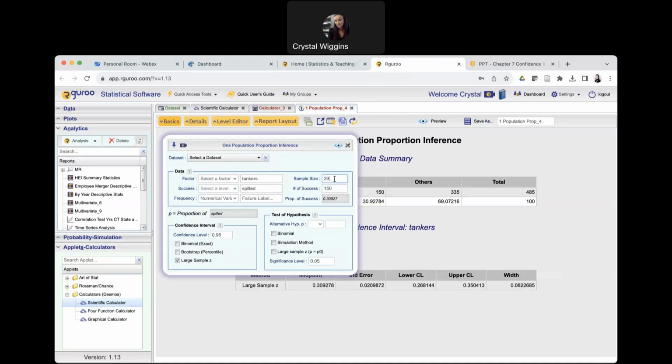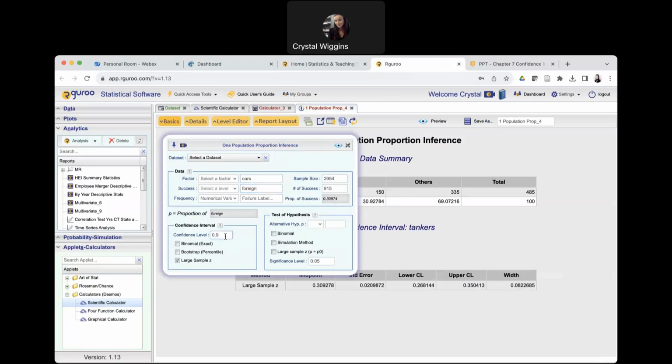So 2,954 is my sample size this time. My number of successes was 915. Notice that this proportion has not changed. It won't change until I click over here and then it calculates, and we can see it matches what we calculated in our scientific calculator. This time, this count represents cars, and this one is foreign.